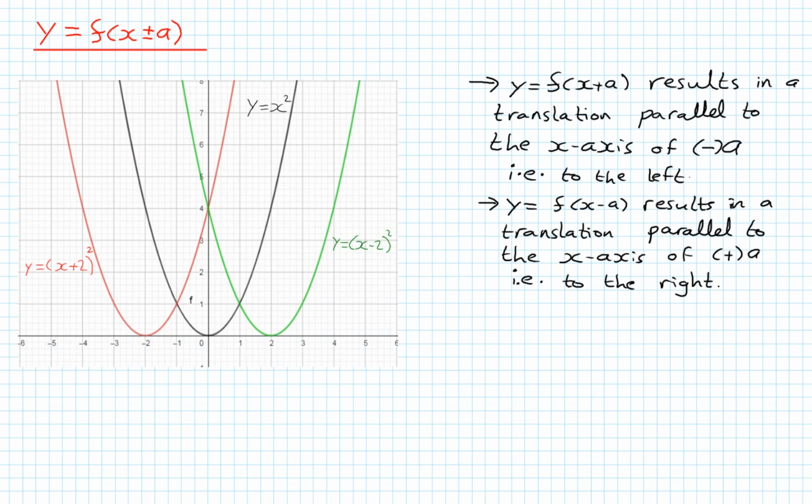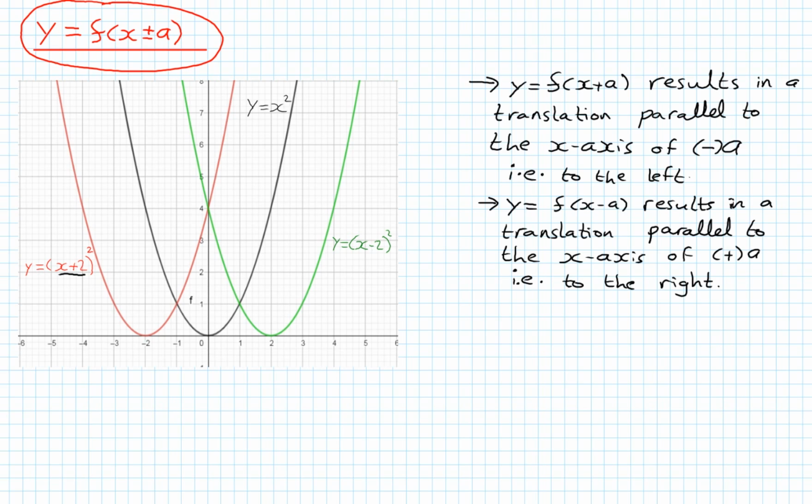When we look at the graph of y equals f of x plus or minus a, we have the three graphs. I did something similar where the original was y equals x squared, and I've used the same rule, a certain number squared.